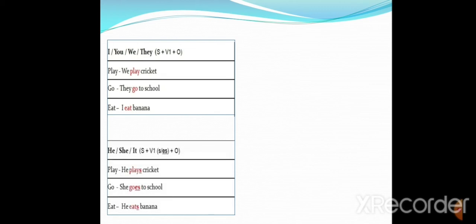Now look down in the second box. You will notice that here the subject is he. So here we have added s to the verb play. So it becomes he plays, just like we discussed before. Same way, look at the examples of go and eat, right? I hope you can see the difference.